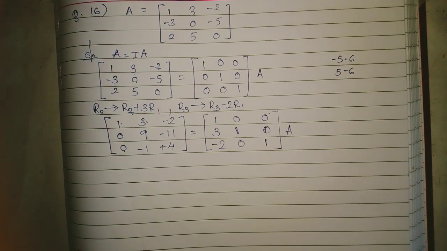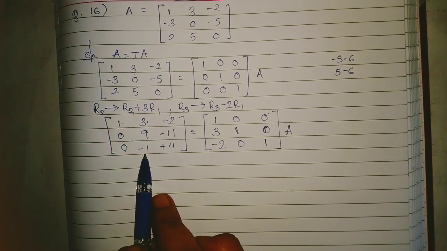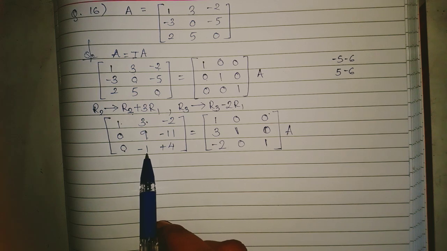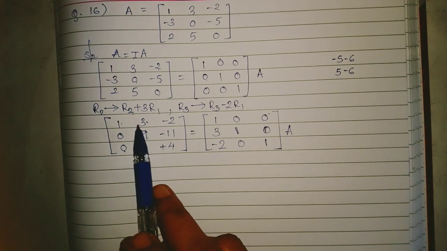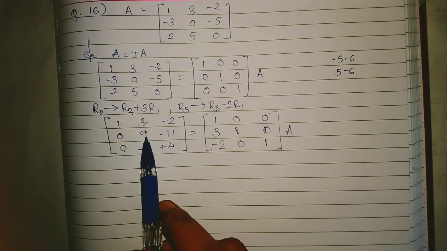Now we have here minus 1, so we can make use of this minus 1. If I multiply this by 3 and add it to R1, then this will be 0.